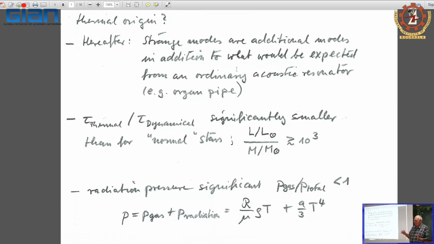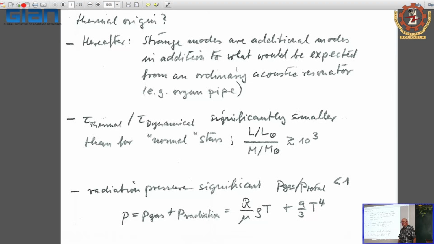So we expect adiabatic and non-adiabatic analysis to differ from each other, and to provide significantly different results. The adiabatic approximation is expected not to be satisfied, as for instance in the Sun, where the adiabatic approximation is a pretty well-defined and well-satisfied approximation.